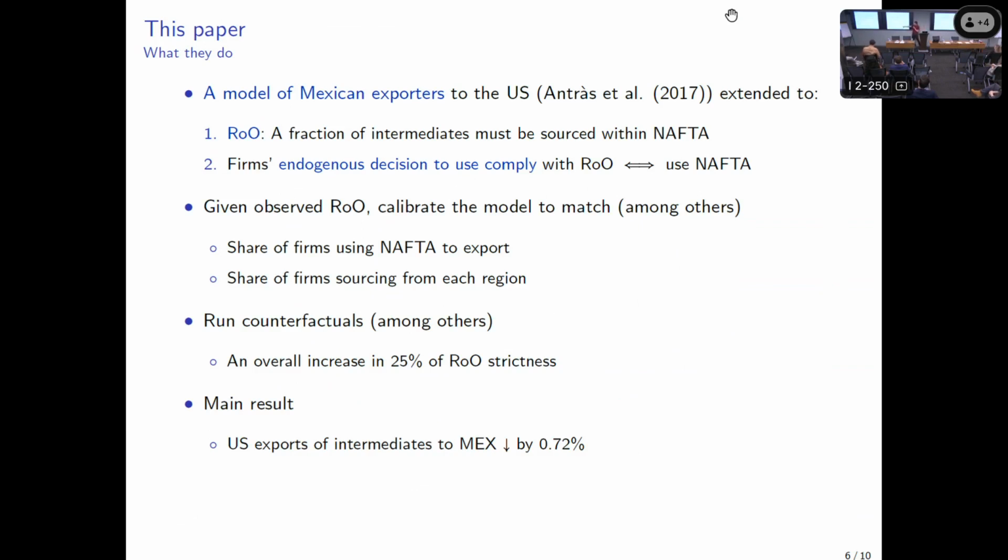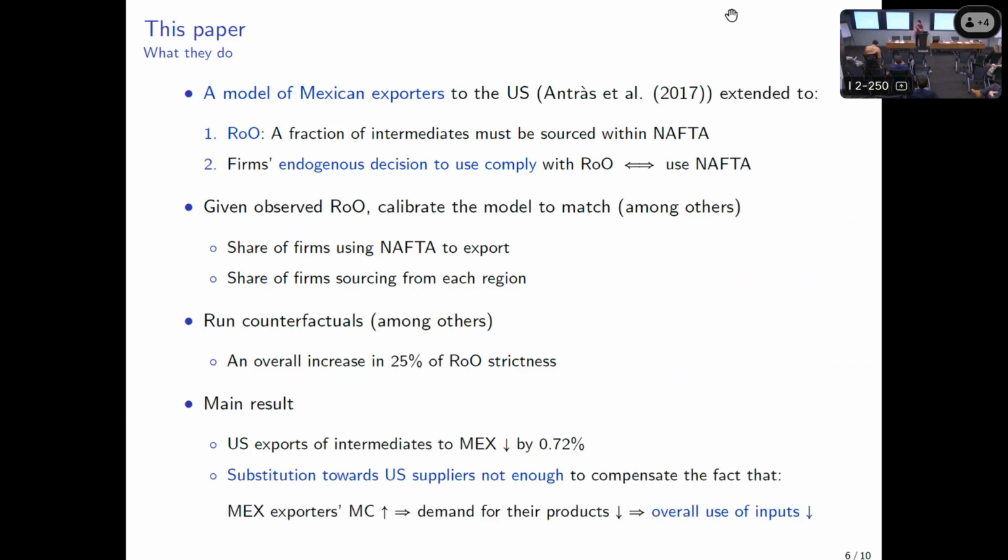But what they find is actually that increasing rules of origin decreases US exports to Mexico. So this doesn't seem to achieve the goal that in principle policymakers have in mind when writing these rules of origin. And the reason is the substitution towards US suppliers: now Mexican producers don't want to source from third countries anymore, they're going to start sourcing from the US.